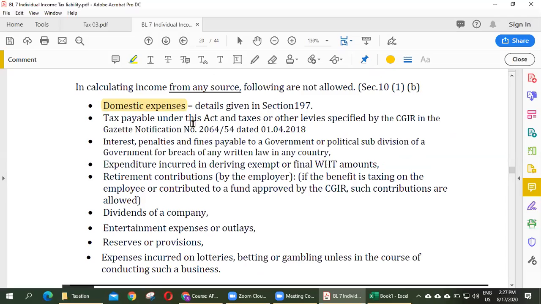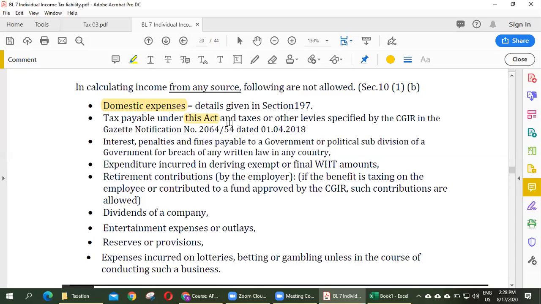Domestic expenses mean personal expenditure or home expenditure, right? And the details are given in section 197. Tax payable under this Act. This Act means the Inland Revenue Act, right? Inland Revenue Act No. 24 of 2017.